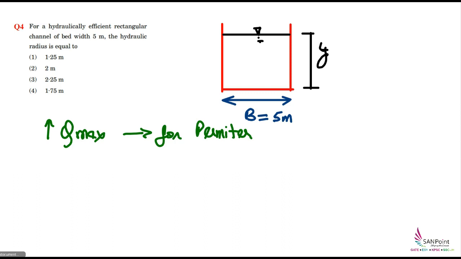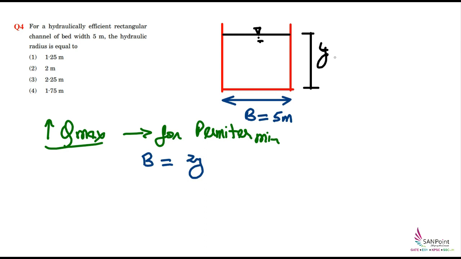Now why should perimeter be least? So that we can save the cost of building the canal, for lining the canal. So that's why for the minimum value of perimeter, we should achieve the maximum value of discharge. So when we try to achieve this condition, then the condition that comes is B is equal to 2 times y.